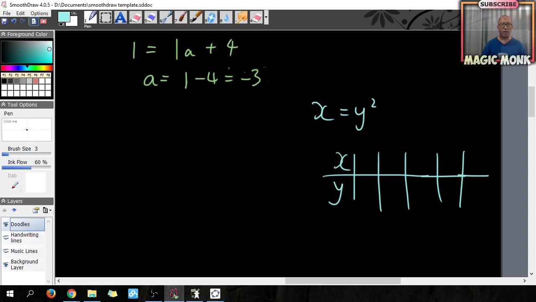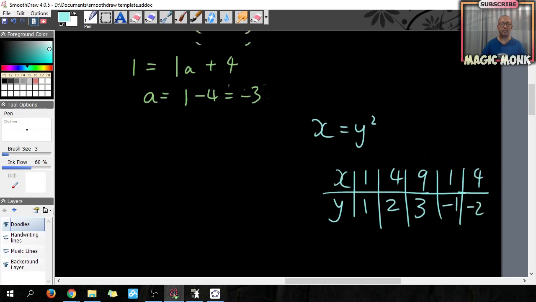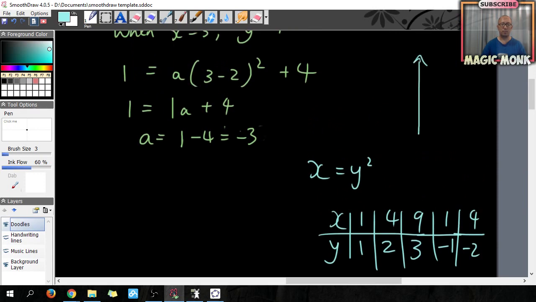So when y is 1, x is 1. When y is 2, x is 4. When y is 3, x is 9. And then when y is negative 1, x is 1. When y is negative 2, x is 4. And then you can draw the graph by hand anyway if you wanted to. So when x is 1, y is 1. When x is 2, y is 4. You'll end up with, when x is 3, y is 9.